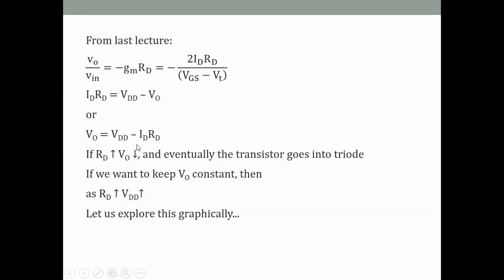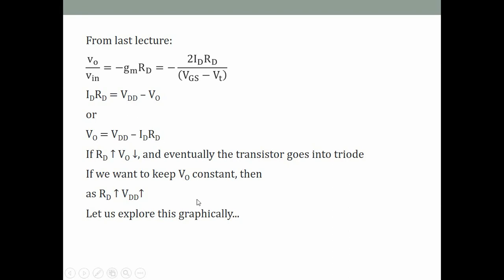Suppose we want to keep VO constant as we increase RD so that the gain increases. What we can do is increase VDD as much as we increase RD so that VDD minus ID RD stays constant at VO, and if VO is constant, then the transistor does not go into triode.